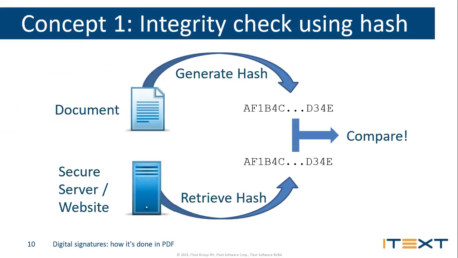I have given the hash key AF1B4C dot dot dot D34E. This is the hash key generated for the document, and when I receive the document on the secure server or website, I compare whether the hash key matches. Once it matches, your document is correct and it is from an authorized person. This is called an integrity check using a hash key.